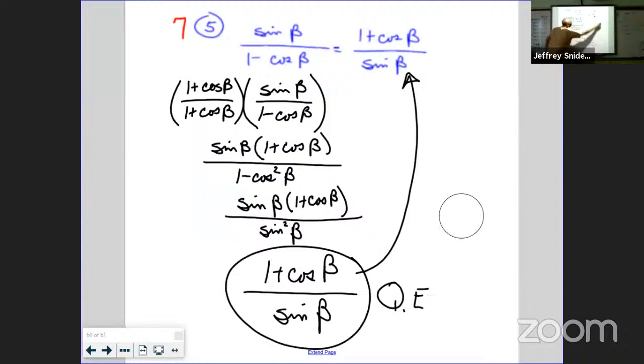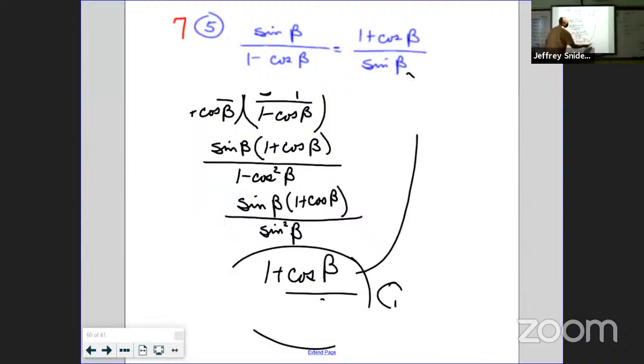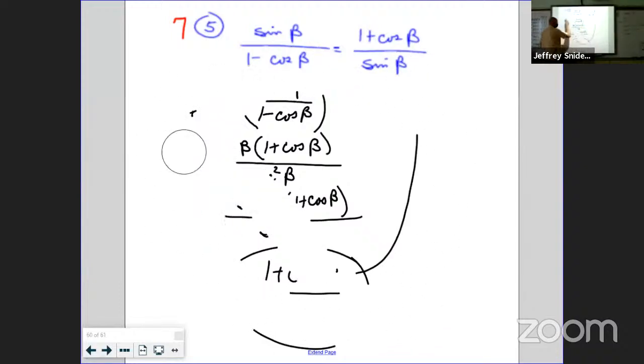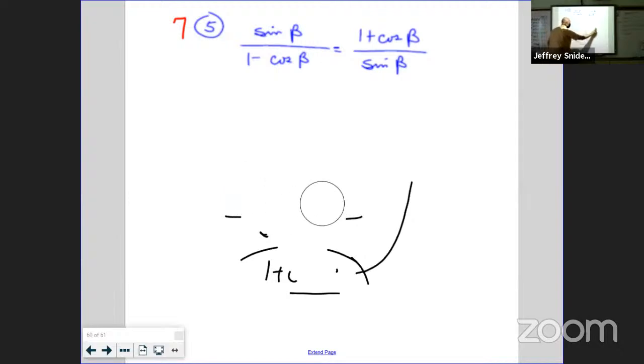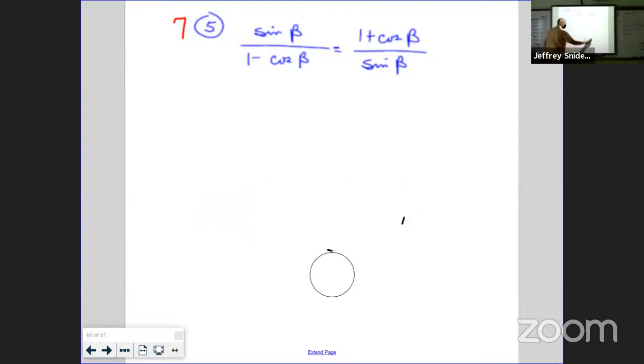And this time we're going to work on the right. So I want to rename the right-hand side. I can multiply the right-hand side by any form of 1 I want.